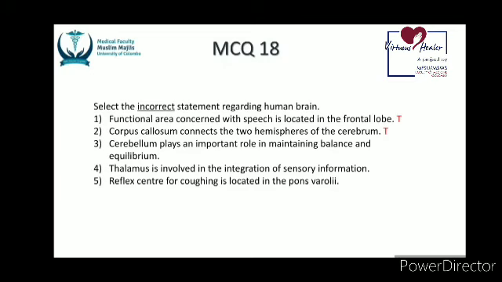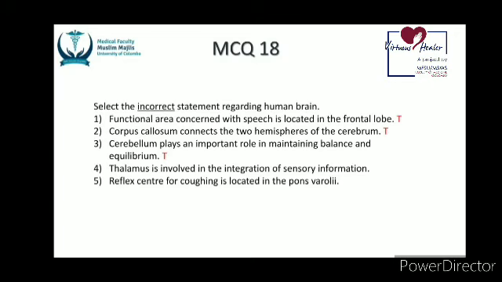This statement is true. The main functions of the cerebellum would be to maintain the balance and the posture, coordination of movement and cognition, that is the ability to acquire knowledge and skills. Number 4, thalamus is involved in the integration of sensory information.